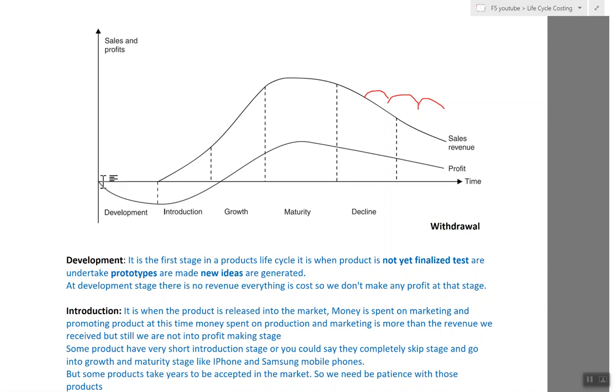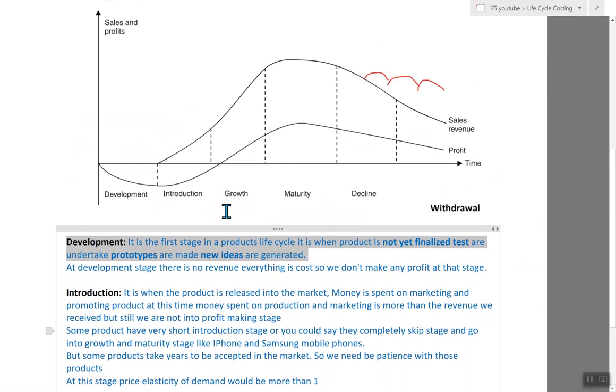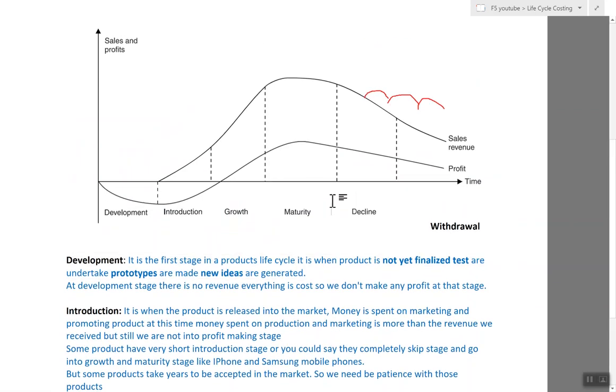Okay, so at development stage, we're only doing expenditure, there's no revenue. And then we have the introduction stage. At introduction stage, we release the product to the market. We spend a lot of money on advertisement, a lot of customer service. So we are still in the loss stage.